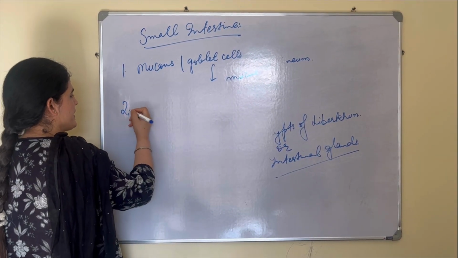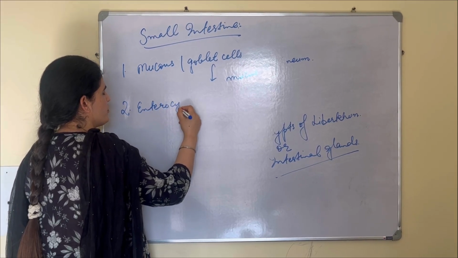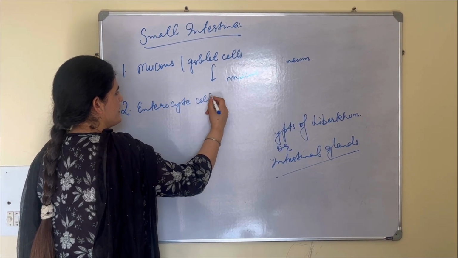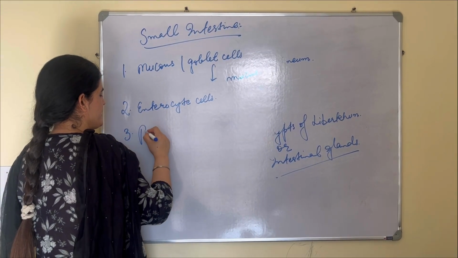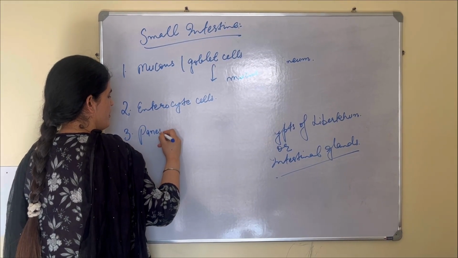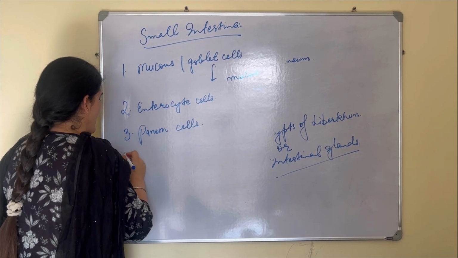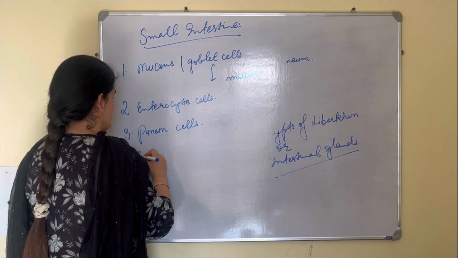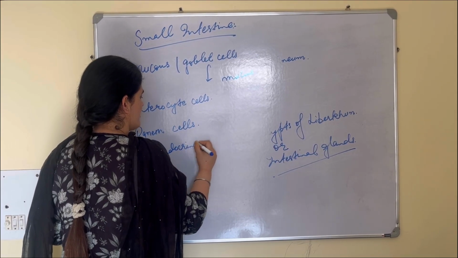Second type of cells we have enterocyte cells. Third type we have Paneth cells, and fourth type we have enteroendocrine cells.